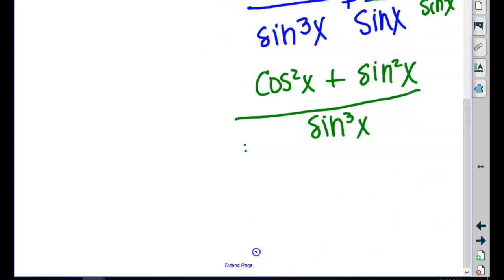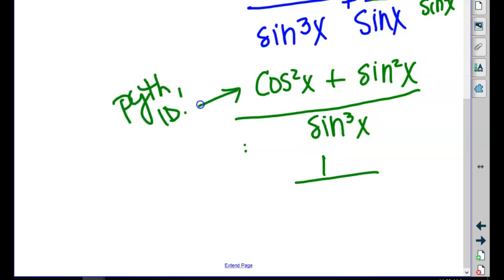It's a 1 you should have memorized. It's 1. Cosine squared plus sine squared is 1. Okay, this is a Pythagorean identity. So we have 1 over sine cubed. What is a 1 over sine, guys? So I could also write this cosecant cubed.